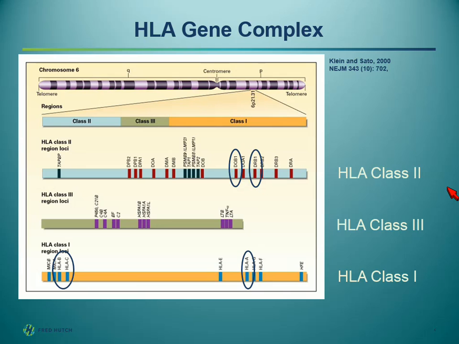Because of that, these genes tend to travel together, and we're going to talk more about that in a few minutes. Recombination events tend to happen in particular ways. You see recombination between class 1 and class 2, which has given us incredible diversity in HLA haplotypes.